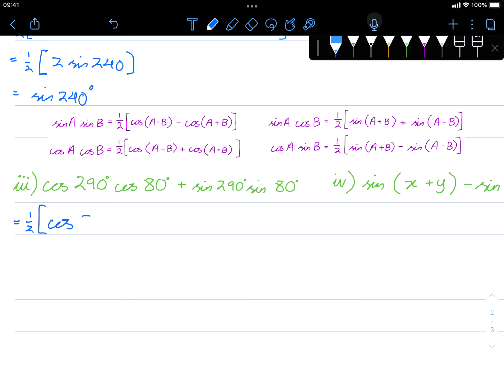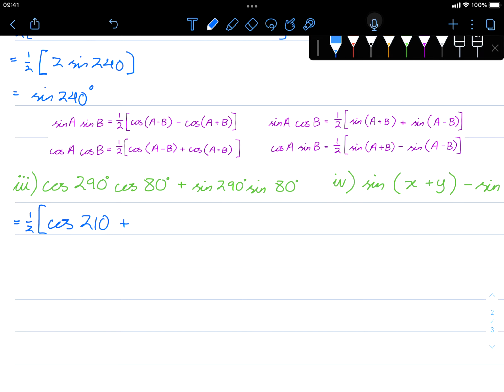It's going to be 210. I'm going to do a bunch of skipping now. So that is going to be cos a minus b. So 290 minus 80 is 210. Plus, we're still on this expression here.